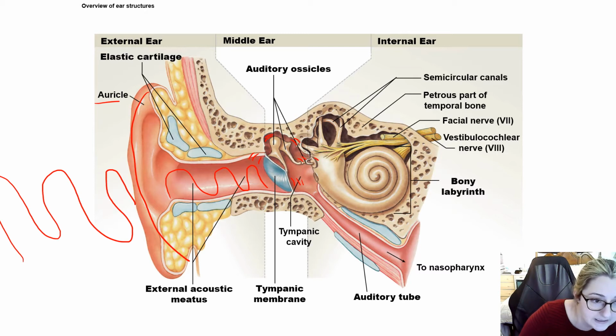We hit this little window here, the oval window, and this is going to cause a wave to move up our fluid here. And then we are going to hit that round window as it comes back down the cochlea, still in that fluid as a wave, and then it dissipates there.